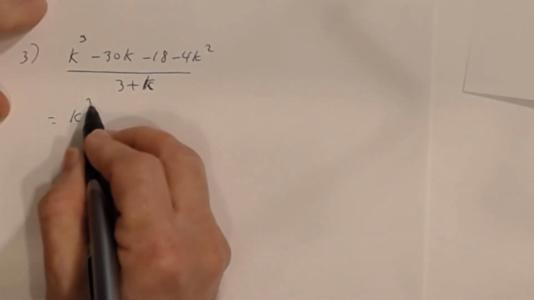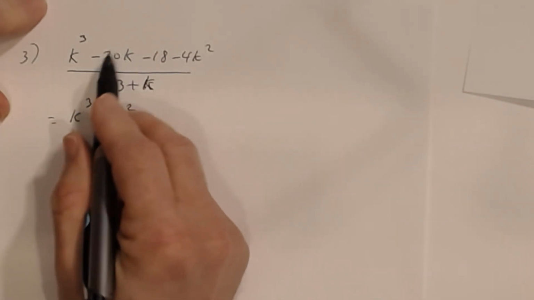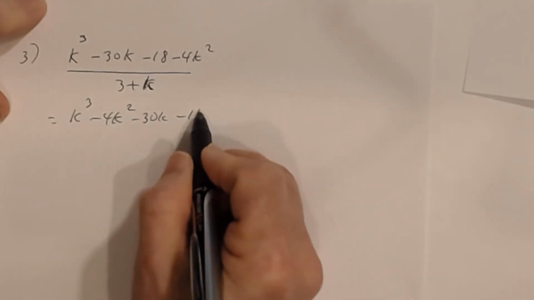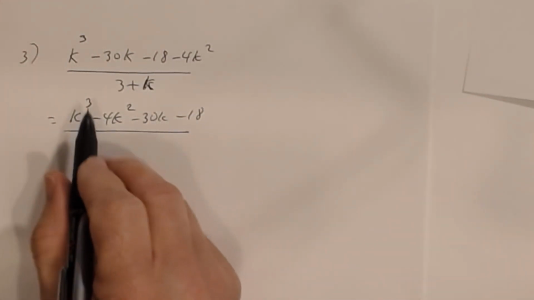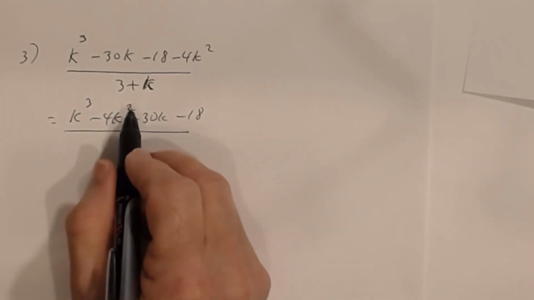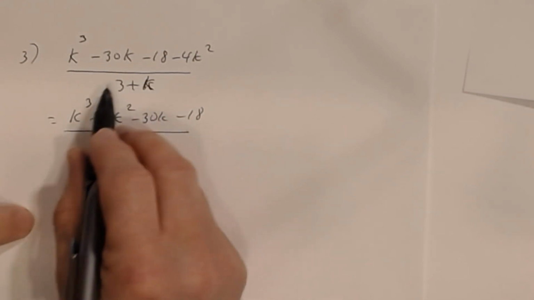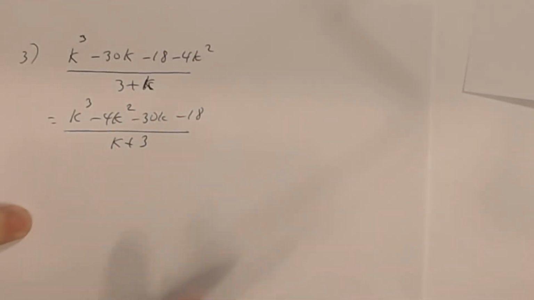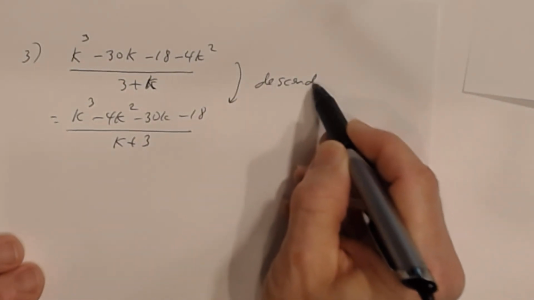So that's k cubed, then the k squared, so minus 4k squared, then the k term, minus 30k, and then the constant. Now it's in descending order, and I don't have any missing terms. K cubed, k squared, k, and constant. So nothing was missing. We got to put the divisor in descending order, so I got to put k first, so that'll be k plus 3. Okay, so now it's in descending order. So that's step 1, remember, was to put in descending order, so that's what we did here.